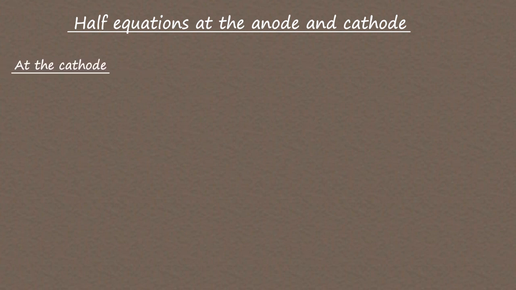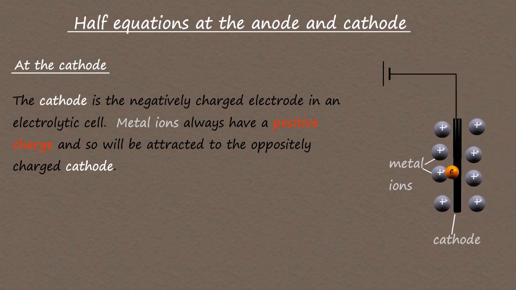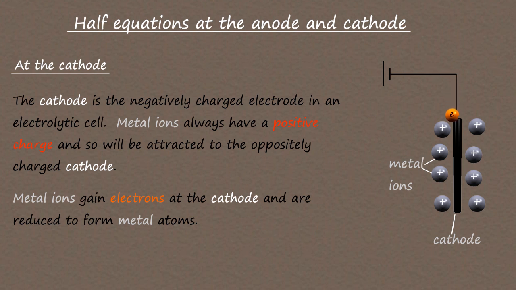As a quick summary so far, we can say that the cathode is a negatively charged electrode in an electrolytic cell, and as such the positively charged metal ions will be attracted to this negatively charged electrode and will be reduced here. That is, the metal ions pick up electrons from the cathode to form metal atoms.